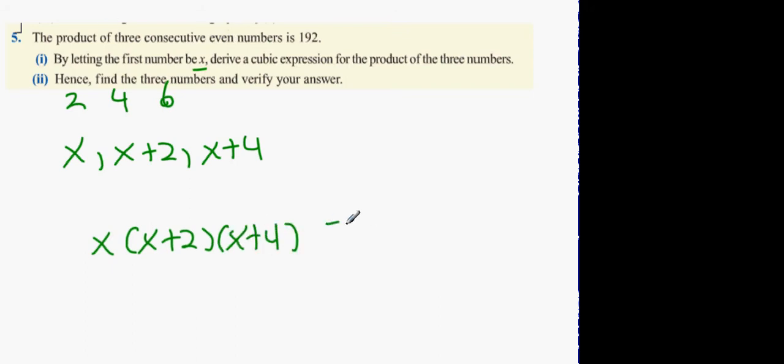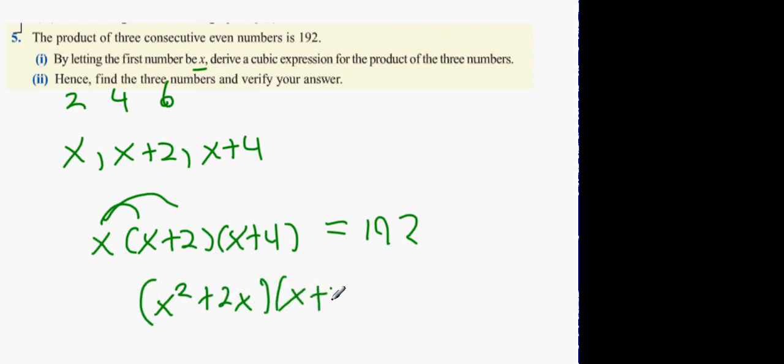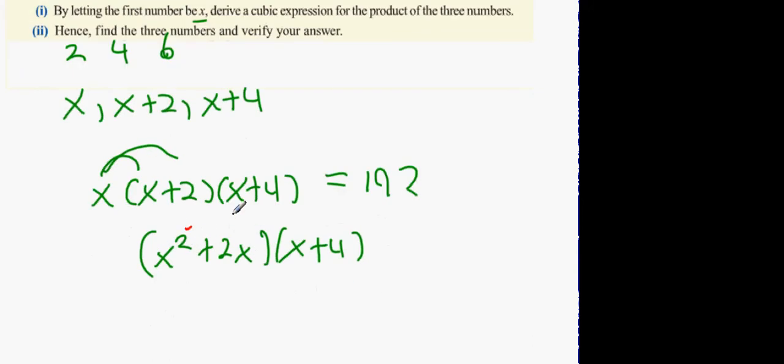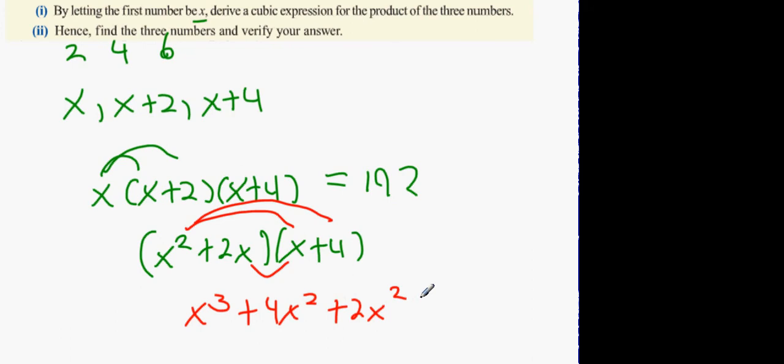Multiplying the x, and we get x squared plus 2x. Then we're going to multiply that by the x plus 4. And when we multiply that by the x plus 4, we should get x cubed plus 4x squared plus 2x squared plus 8x.